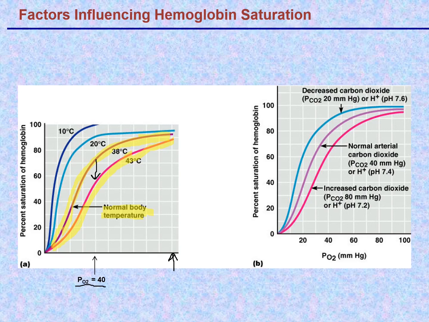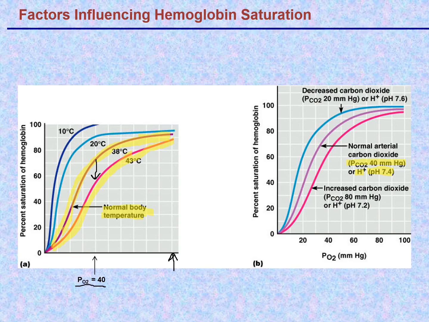The graph on the right side is showing the effect of PCO2 on the shape of the curve. Normal arterial PCO2 is 40, with normal hydrogen ion concentration, and therefore a normal pH of 7.4 in normal arterial blood. When it goes into the tissues, it goes up.